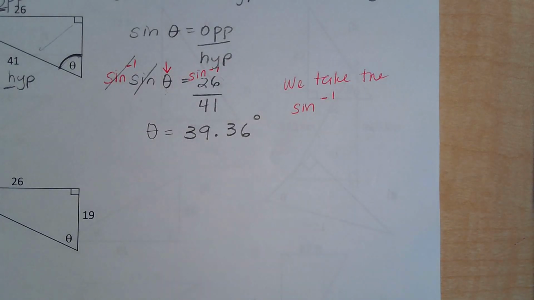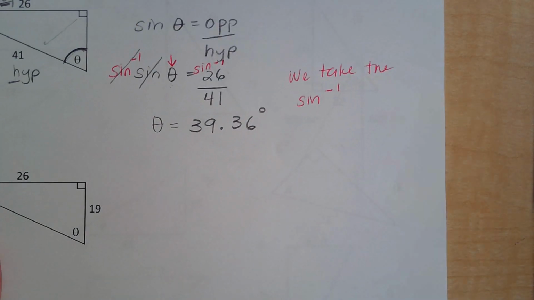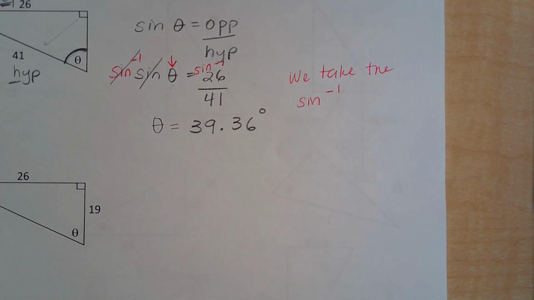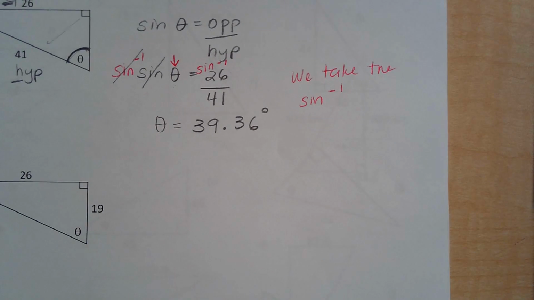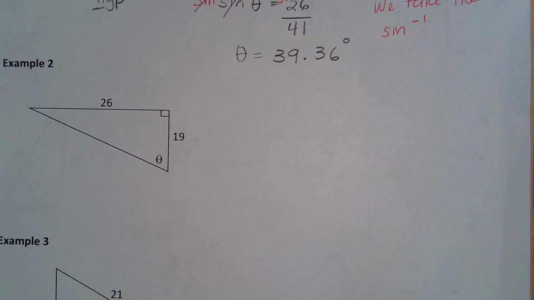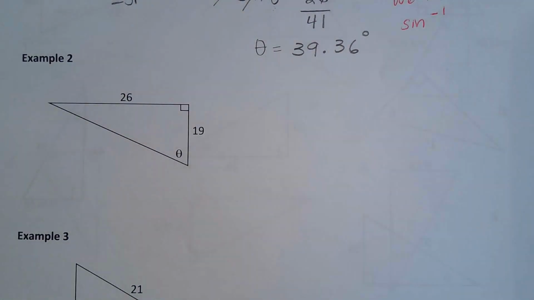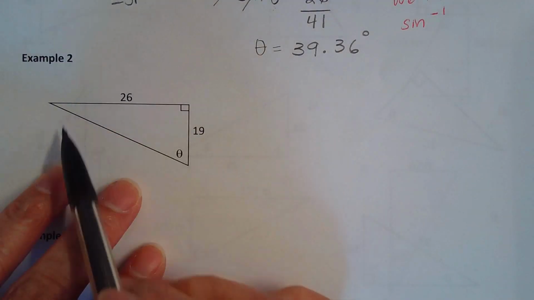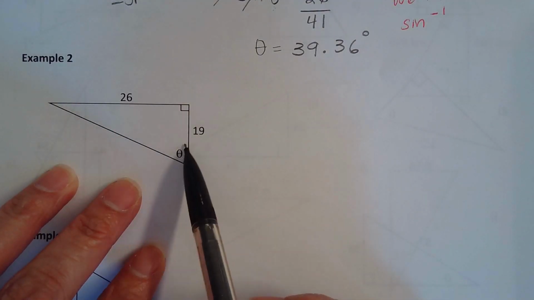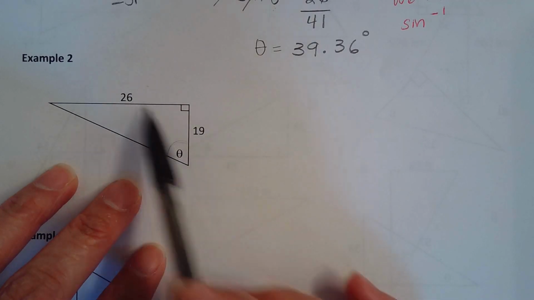Okay. We're going to go through example number 2. I mean, this is fairly new to us. We're going to take more examples so that we're a little bit more comfortable. In this particular case, in my question here, it has angles and sides involved.